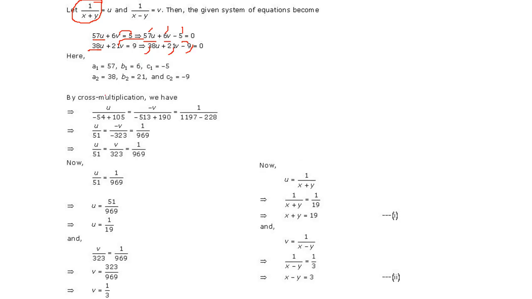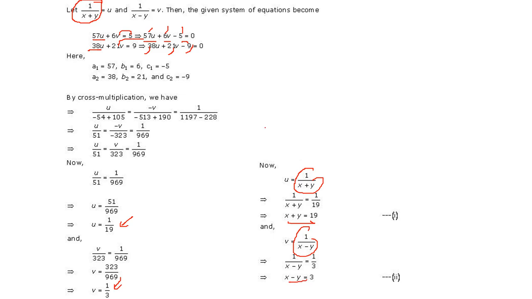So this is your a1, this is a2, this is b1, this is b2, this is c1, this is c2. And just cross multiply, you know how to do it now. So when you get u and v, this is u, this is v. You have to equate it with 1 by x plus y and 1 by x minus y. So x plus y will be equal to 19, x minus y will be equal to 3.